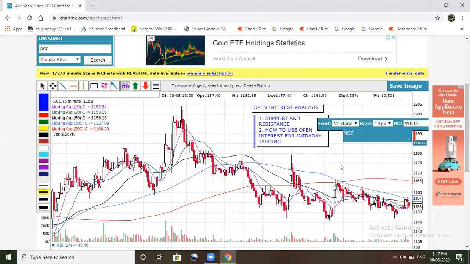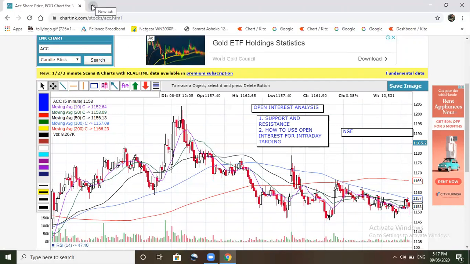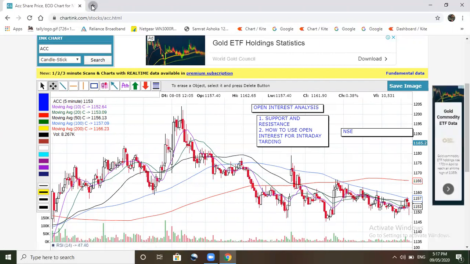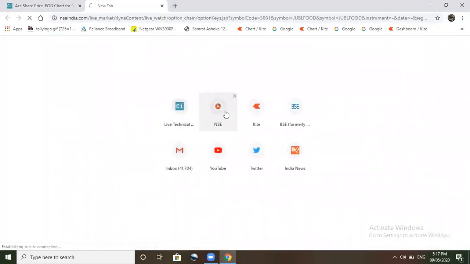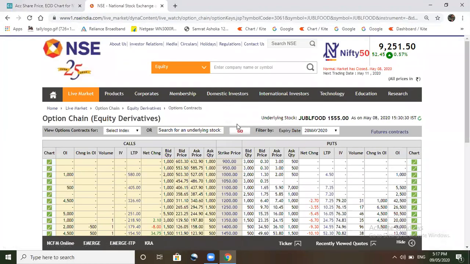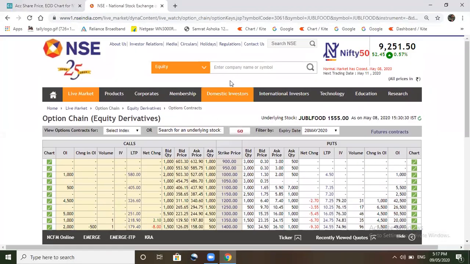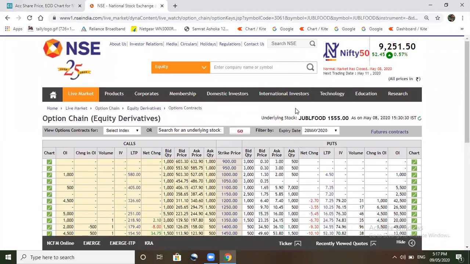To study the open interest during live market hours, you can use this site, NSE India. So let's go to the site and understand our first concept, how to find support and resistance using open interest. I'm going to the NSE India site. Here the screen will come, and you can either type whatever stock you want to study for open interest, or select an index.